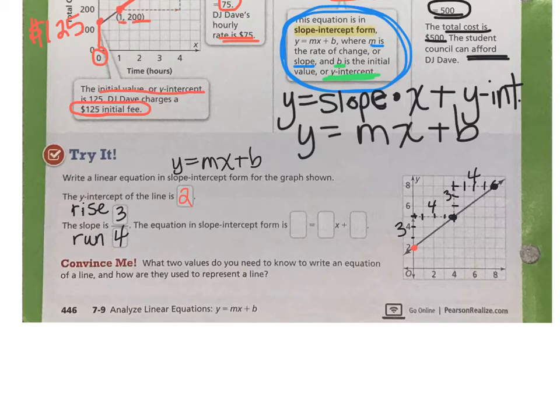So the equation in slope-intercept form says y equals the slope, in this case the slope is 3/4 x plus the y-intercept, which is 2. So this equation in slope-intercept form would be written as y equals 3/4 x plus 2.